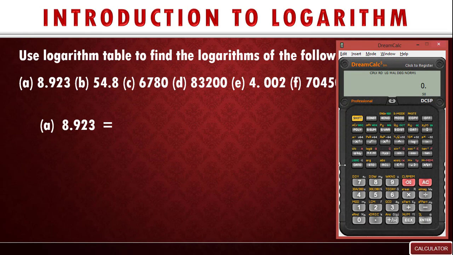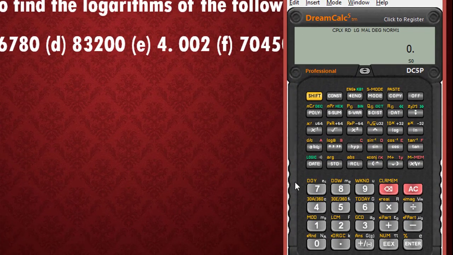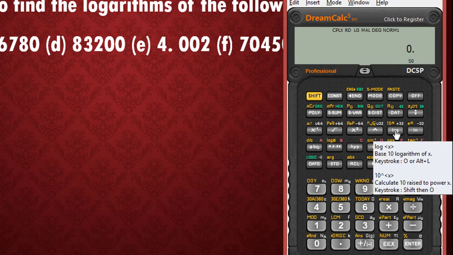Before we do that, I would like to explain something. If your calculator is built with a prefix style, you press log first before the number. But if your calculator is built using the postfix style, you have to press the number first before you press log. So you just need to check your calculator and see what it is built with.